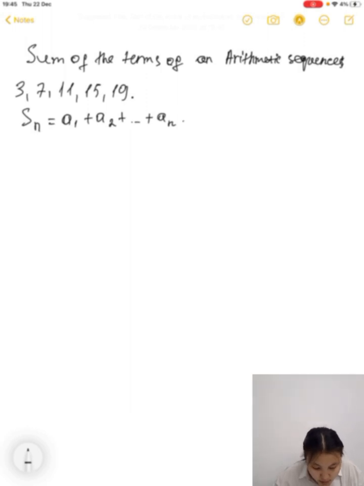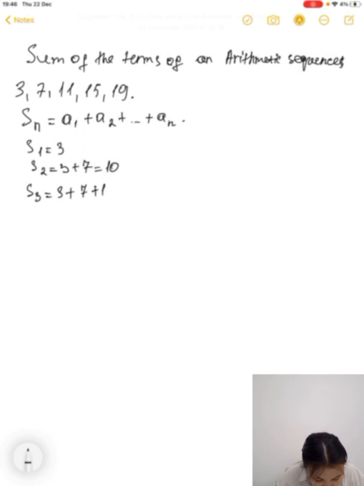Now we can write S sub 1 is equal to 3, and S sub 2 is equal to 3 plus 7 is equal to 10. S sub 3 is equal to 3 plus 7 plus 11 is equal to 21.